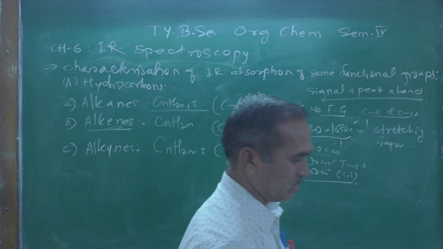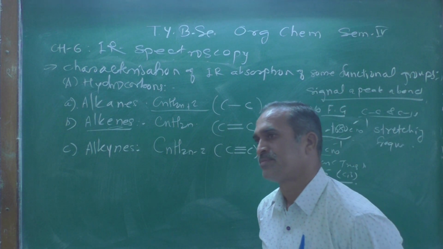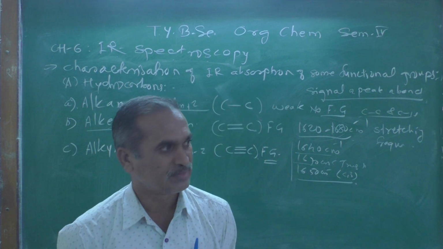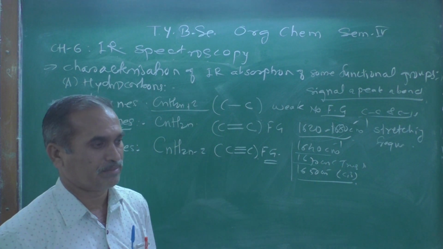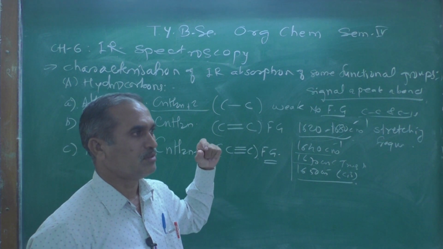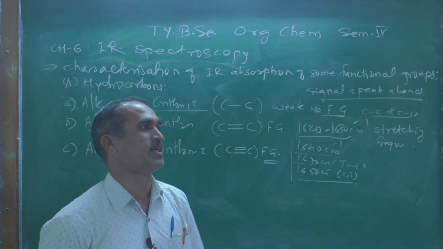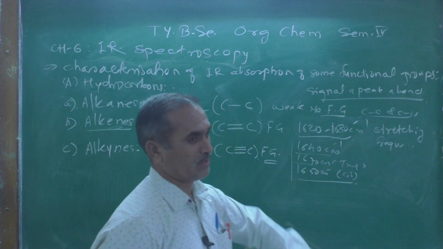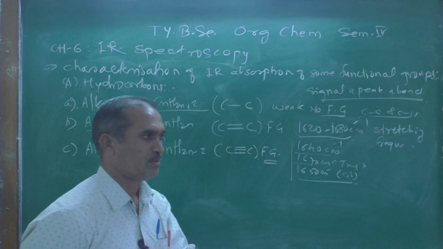As we know, IR radiation is used for getting information about functional groups, and that's why we are studying the various functional groups and their vibrational or stretching frequencies. A band at a particular region clearly suggests what kind of functional groups are present in the organic compound.